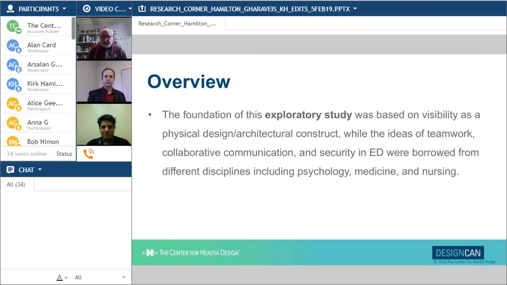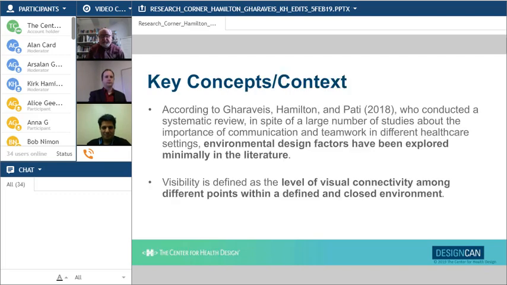So bear in mind, this is an exploratory study. It's looking at this issue of how one can see each other within this physical environment. The issues associated with teamwork and communication and security have been borrowed from a variety of disciplines. So work in psychology, medicine, and nursing were referenced in order to develop the basic premises of the research study and the research questions.